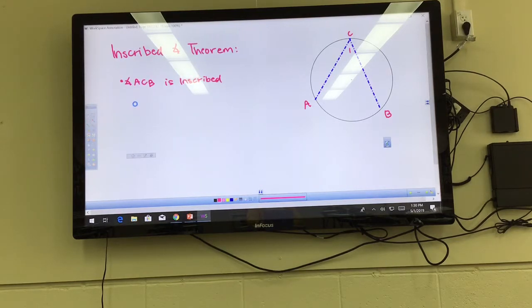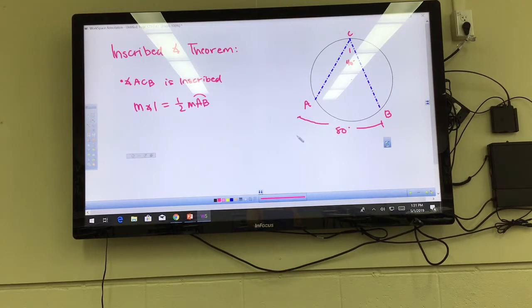So the measure of angle 1, or ACB, however you want to look at it, is equal to half of the arc measure AB. So if this is 40, then from A to B has to be 80.